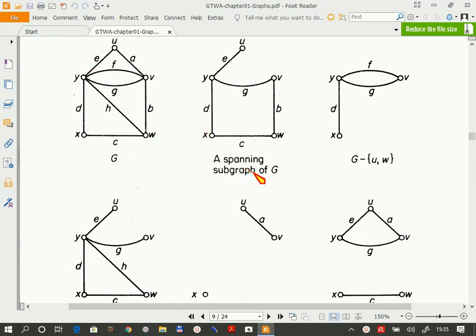And so actually you keep all the vertices in this case, but only these edges.